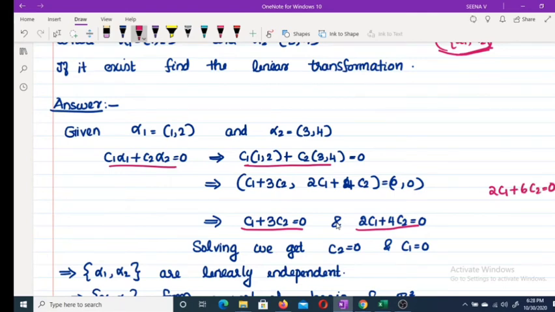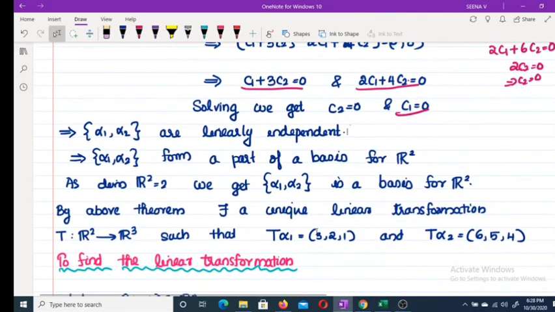Subtracting this equation from this equation, we get 2C2 equal to 0, which implies C2 equal to 0. If you substitute C2 equal to 0 here, then we get C1 equal to 0. So C1 alpha 1 plus C2 alpha 2 equal to 0 implies C1 equal to 0 and C2 equal to 0. Therefore, alpha 1 and alpha 2 are linearly independent.